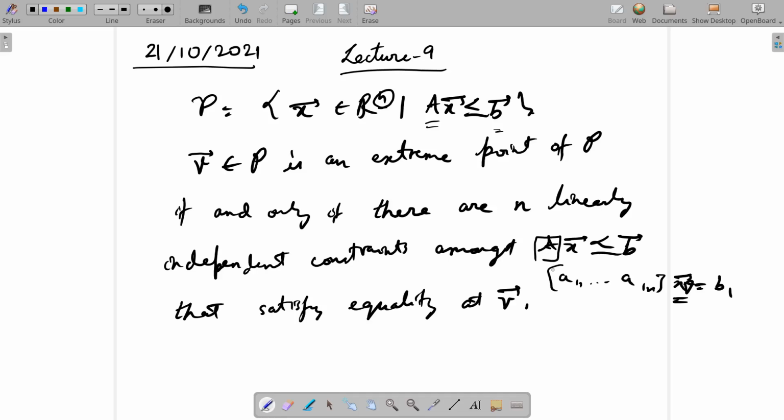So geometrically, how do we think of this idea? It's like saying if I have two hyperplanes, their intersection will be one dimension lower, and an extreme point will only lie on the surface of the convex body. If V satisfies two of these inequality constraints, then generically in R3, two hyperplanes intersect in a line.